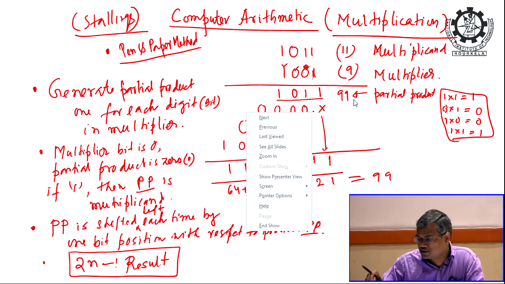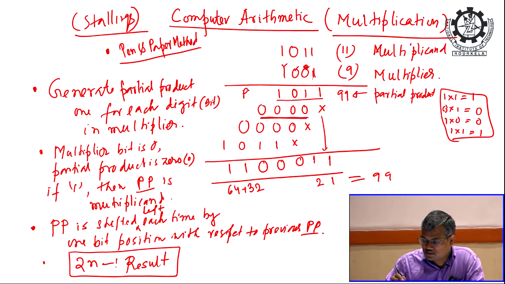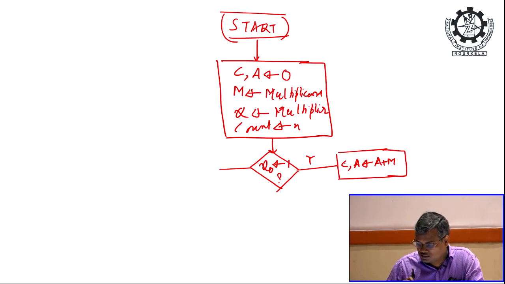First partial product, let us say this is PP 0 and this is PP 1. While there will be a new partial product, you add it; we say that is cumulative adding or running partial product. Therefore, no need to store each individual partial product; that is the way we will do it using this algorithm.